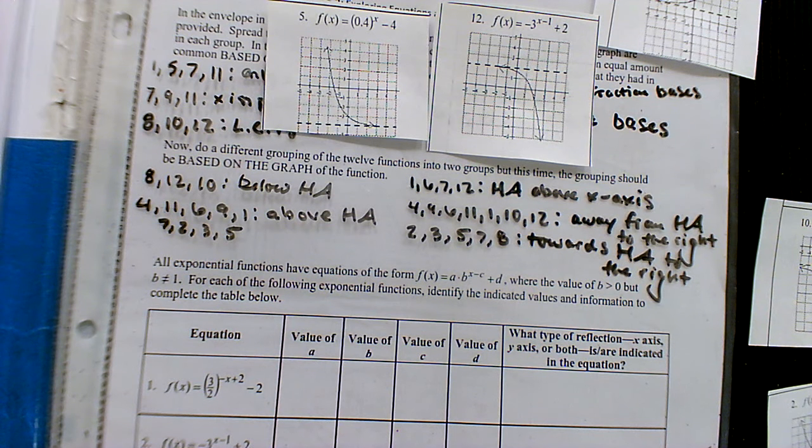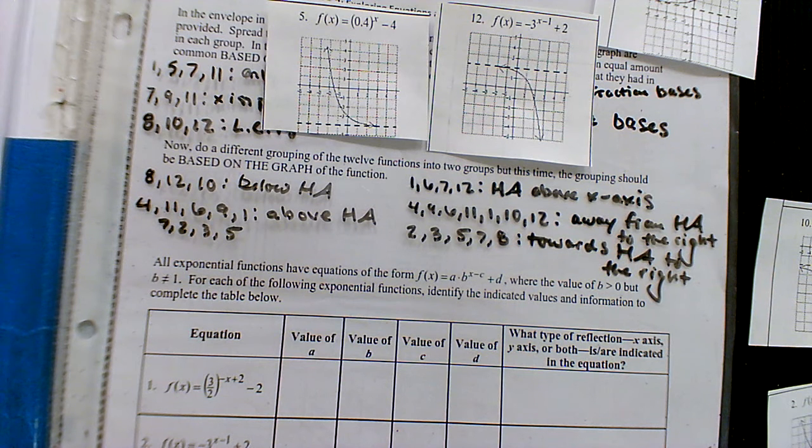Let's see, for instance, if we can possibly make our first connection. Now I want you to look at the graph and the equation together. Try to find a connection with the horizontal asymptote. Look at the graph. Pick any of the 12 that you want. Pick a graph.